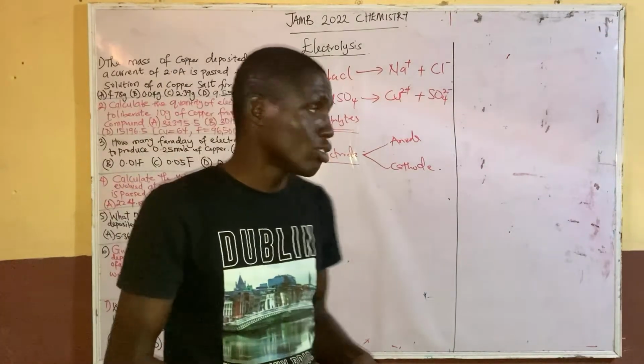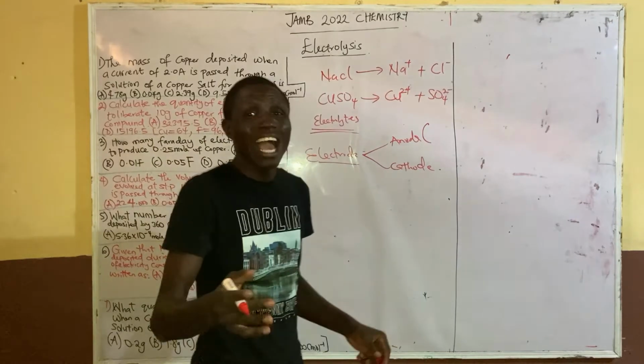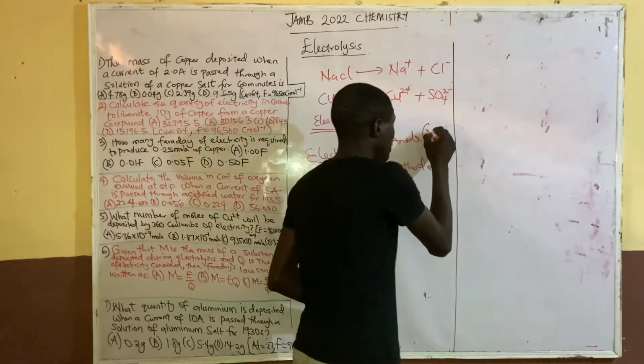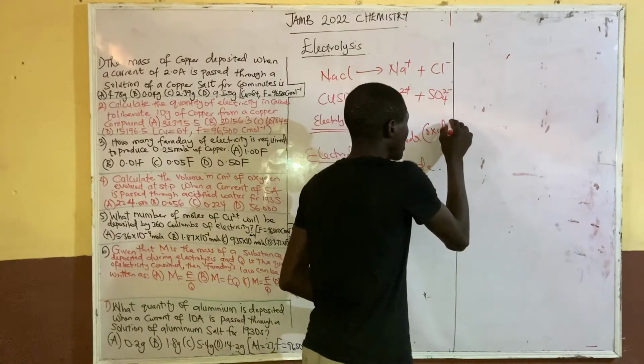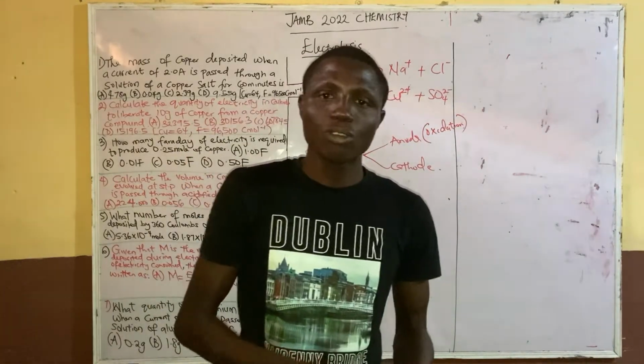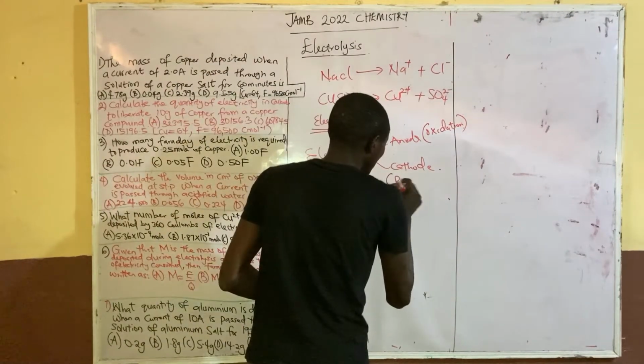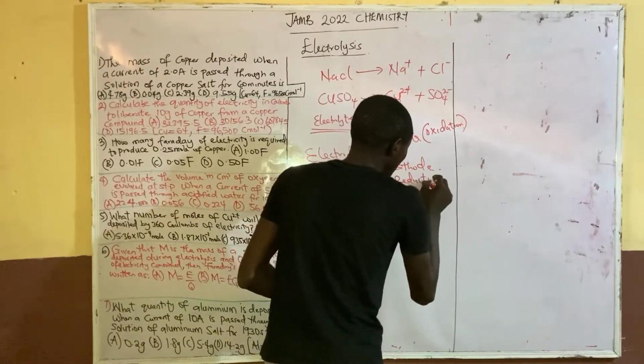One of the terms in electrolysis: the anode is a pole, an electrode, where oxidation takes place. Please know that oxidation takes place at the anode, while reduction takes place at the cathode.